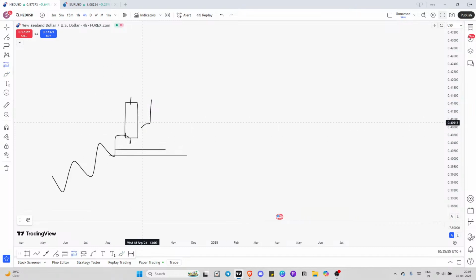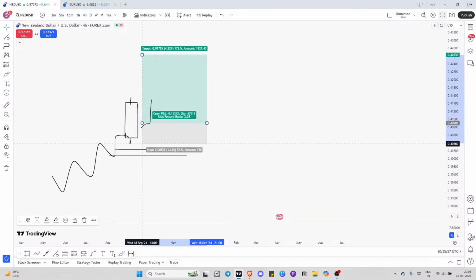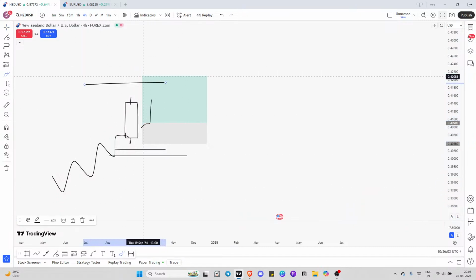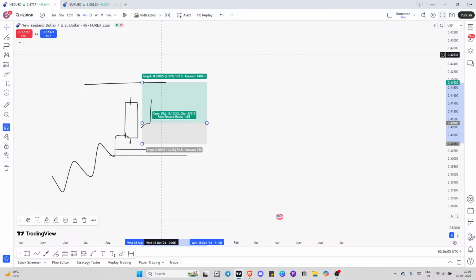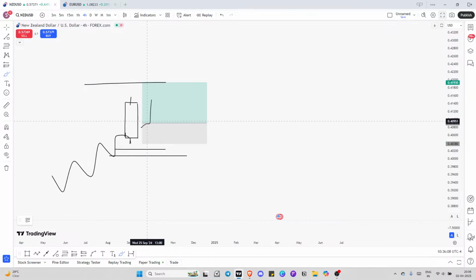So they come here, put their stop losses here, expect the draw on liquidity over here or somewhere, some previous week or month high, and try to ride it. What the market makers do is come, smash their SLs, or stop losses, take all the orders, and push higher.